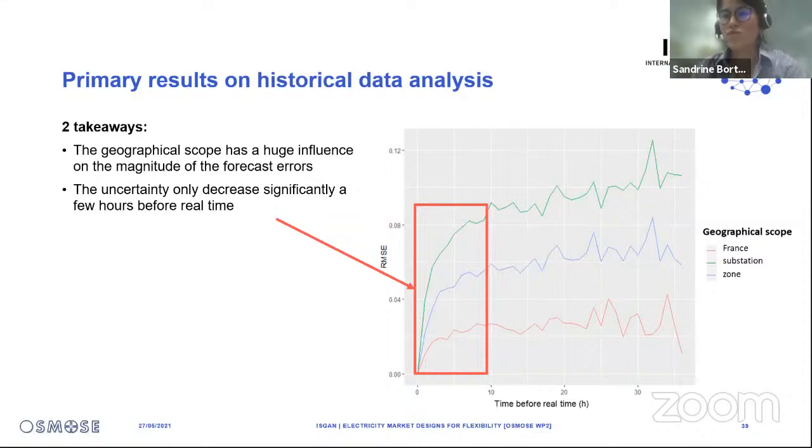And this is quite important when assessing the nodal market design, because it questions the fact of making the dispatch at a substation level almost one day before real time.